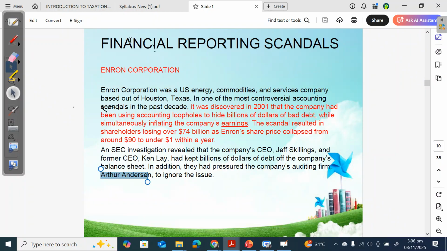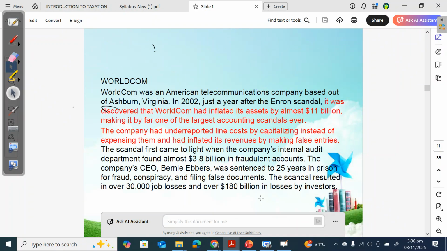If we are registered under the SEC, Securities and Exchange Commission, there's a corporate governance regulation you have to follow. All these are there to check this kind of fraudulent financial reporting. Financial reporting, if it's not done properly, can have devastating consequences. That is why the standards are there to check all these things.